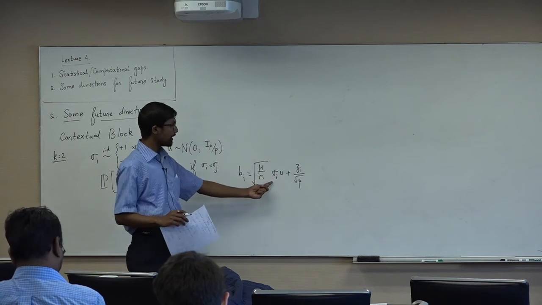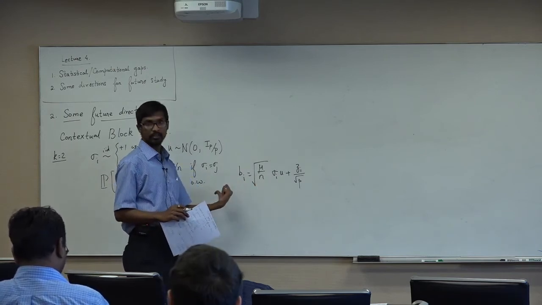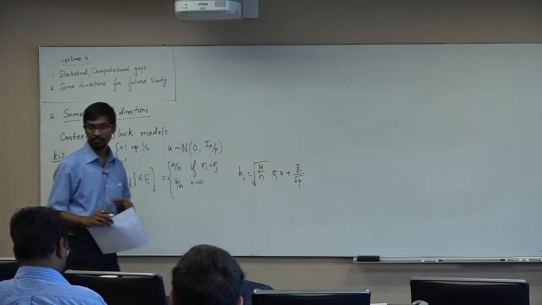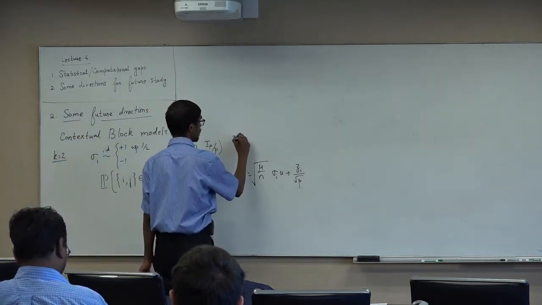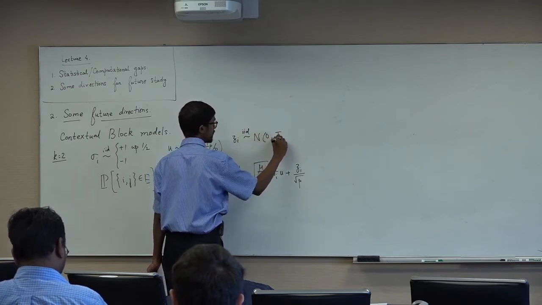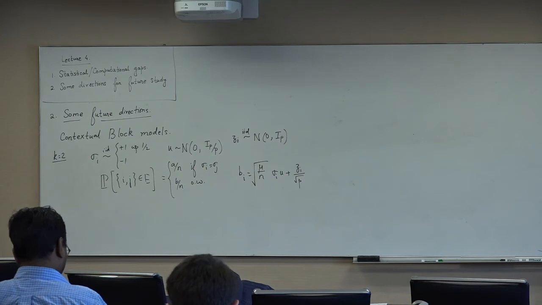If sigma_i is 1, it's a Gaussian centered around u. If sigma_i is minus 1, then it's a Gaussian centered around negative u, right? And u is a latent vector that I don't get to see. And the z_i's are IID normal 0, identity, right? So this was our model.